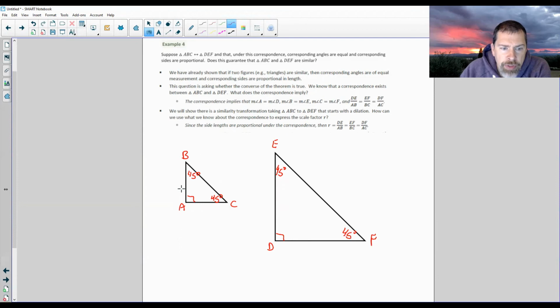Okay, so if this is, I don't know, 3, and this is 4, and this is 5, then this is 6, and this is 8, and this is 10.